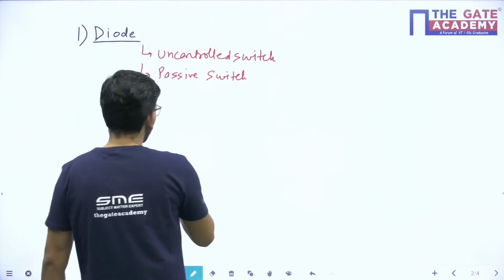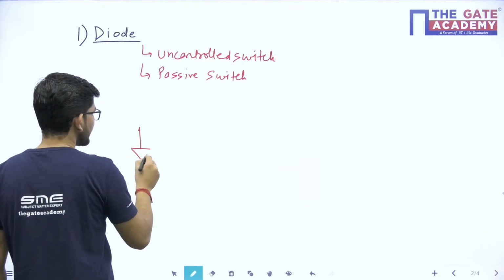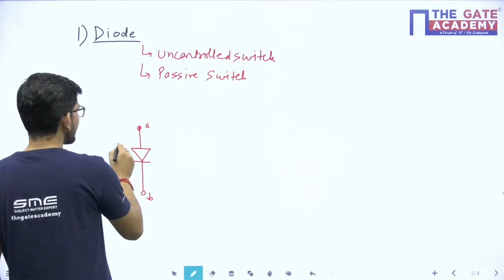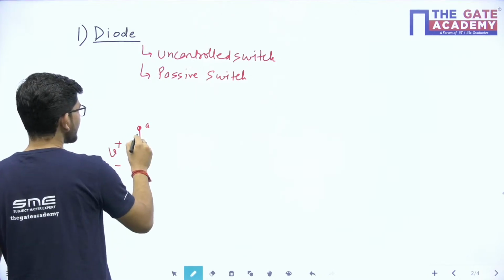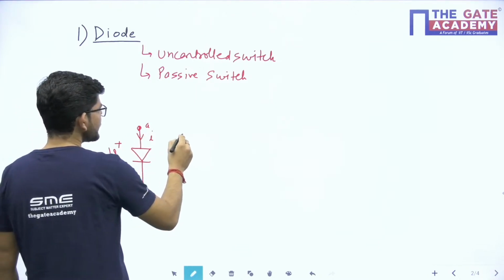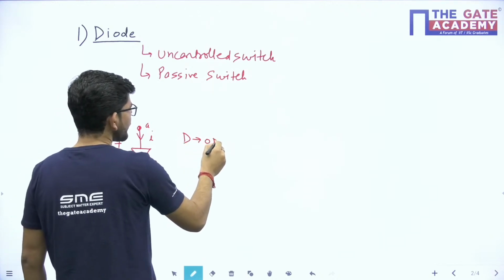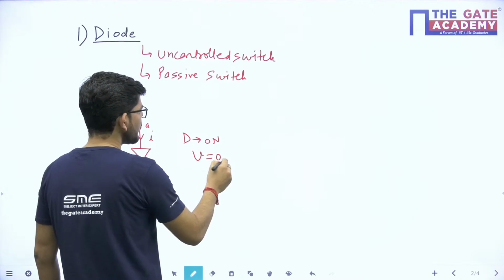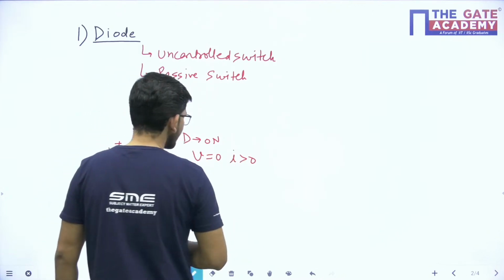Now if we see the diode, this is the diode that we have, terminal A and terminal B. The voltage is V and the current is I. When the diode is on, the voltage will be 0 and the current will be greater than 0.